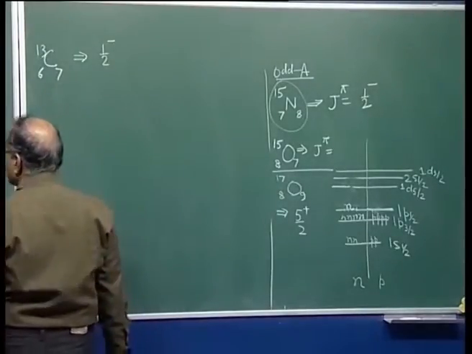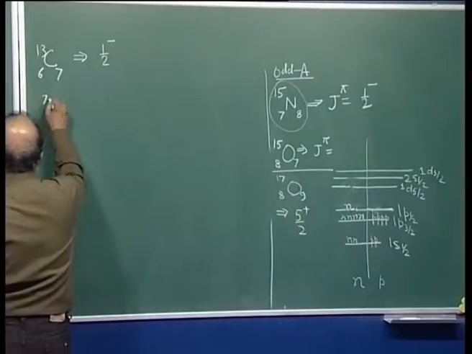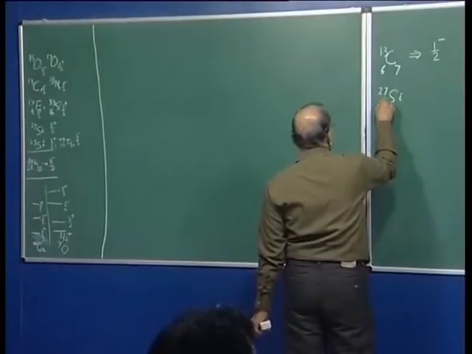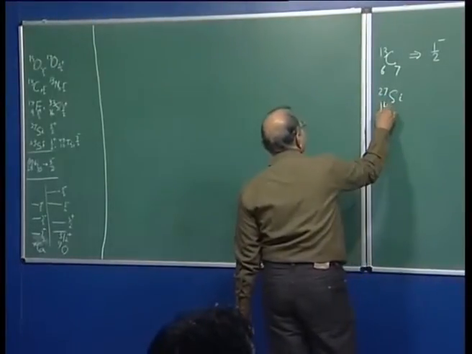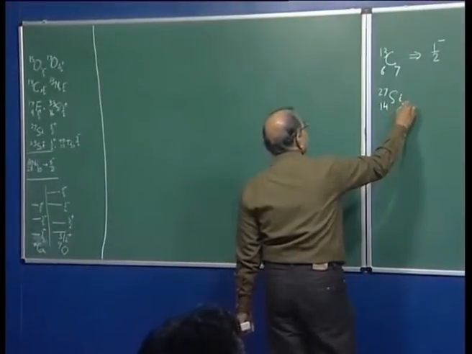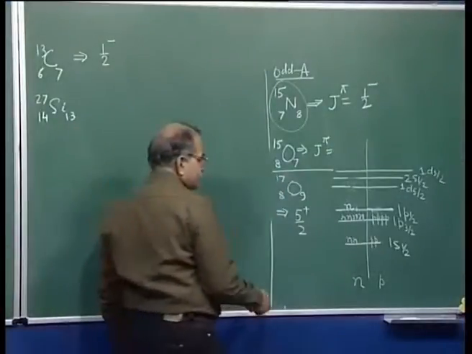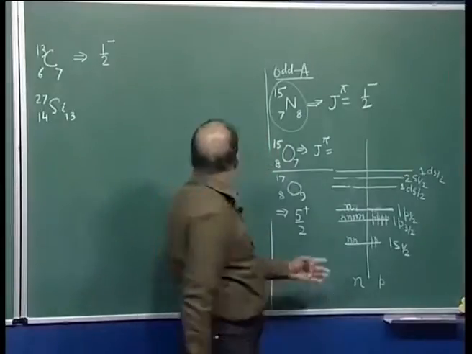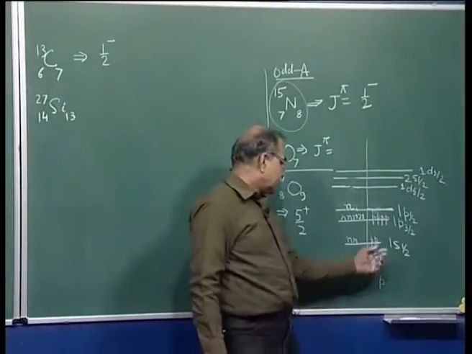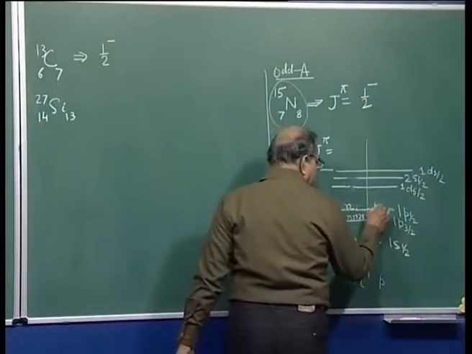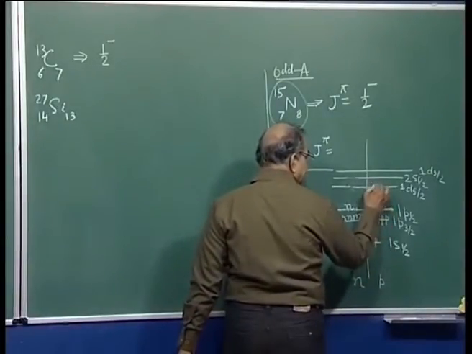You can take for example silicon 27. What is Z for silicon? Silicon is a very important element. 14. So Z is 14, 2 plus 4, 6 plus 2, 8 and 6, 14.